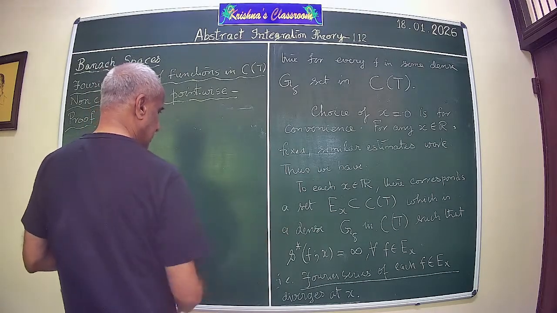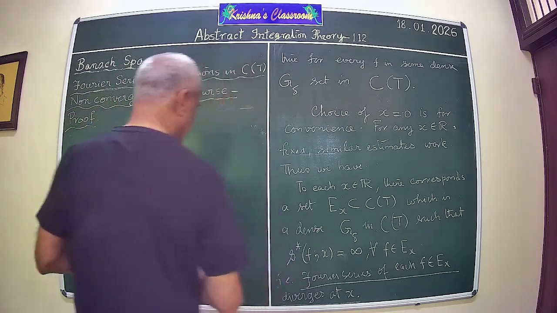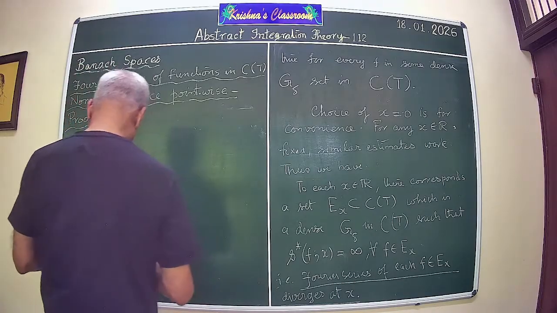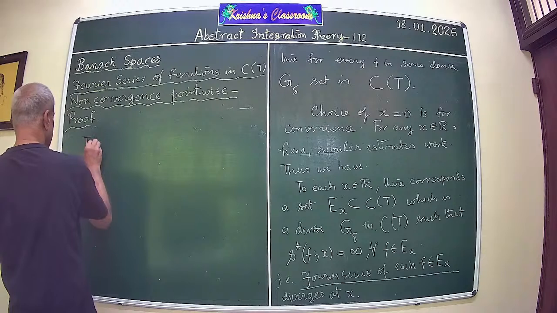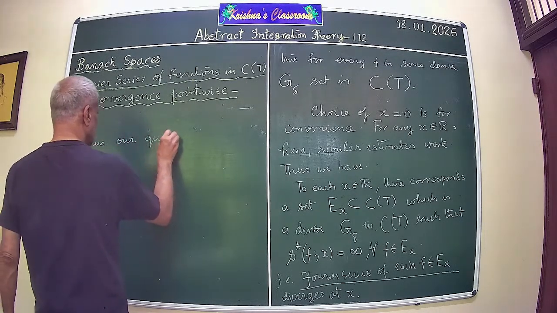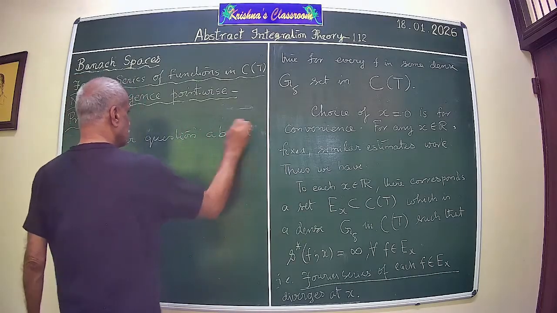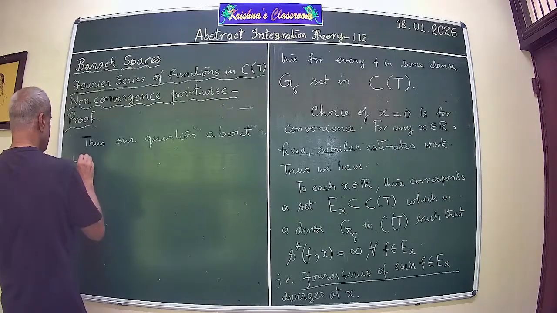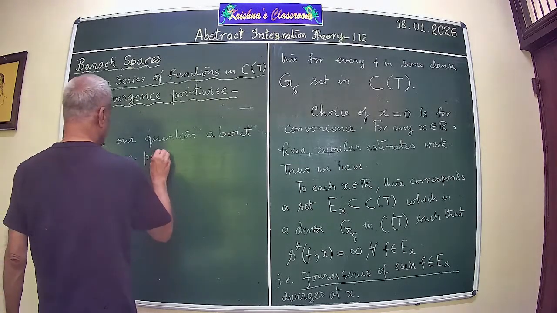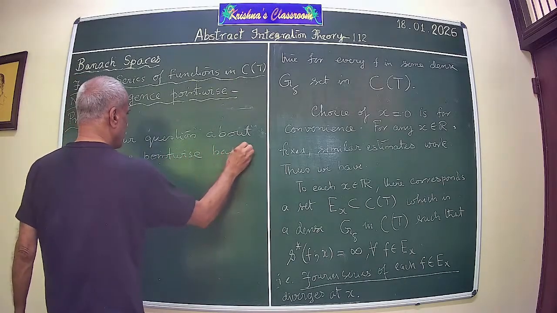I mean, when I see this E_x is a G delta, okay, so pointwise, negative.